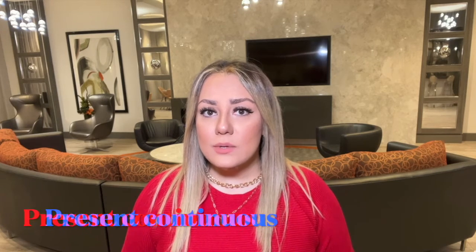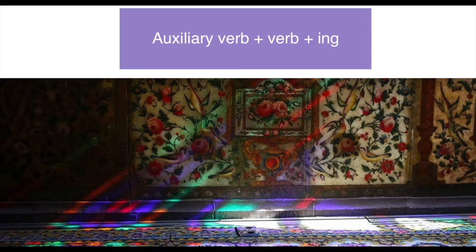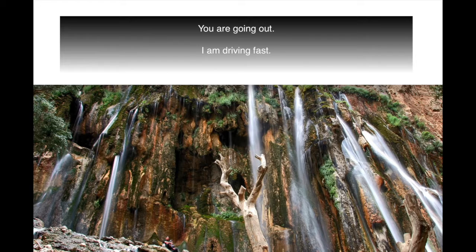Another tense that I would love to briefly mention is the present continuous form. Like I said, you can't use this tense for state verbs. A present continuous verb consists of an auxiliary verb plus a verb and -ing. For example, you are going out.